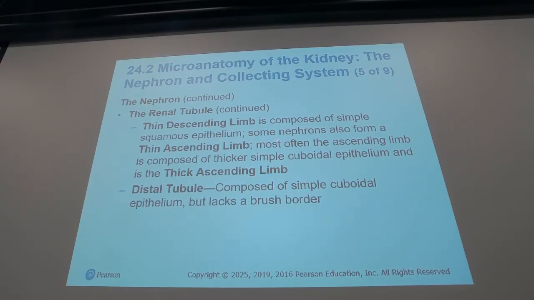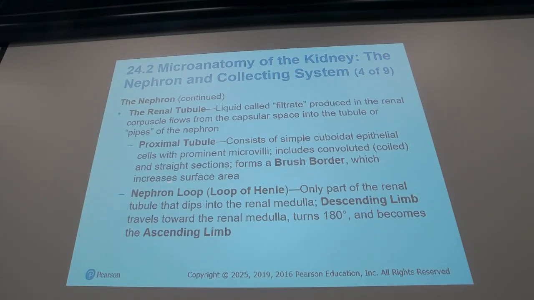And in the ascending limb, we have transport, but not as much, because of the difference in thickness. This one is thicker than this one. Now we have the distal tubule, the distal convoluted tubule, or DCT, where we also have simple cuboidal epithelium, and we have microvilli, but not as many as in the PCT. Okay?